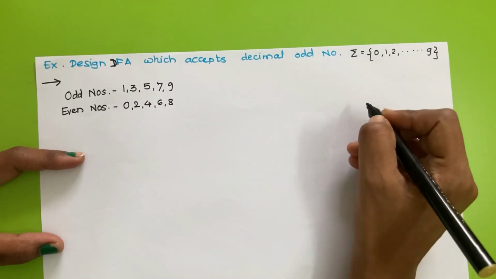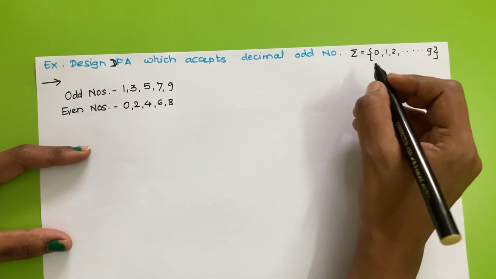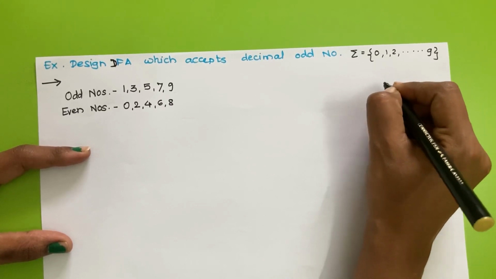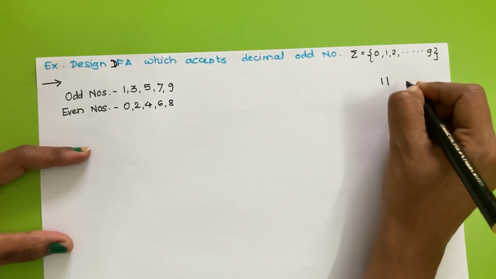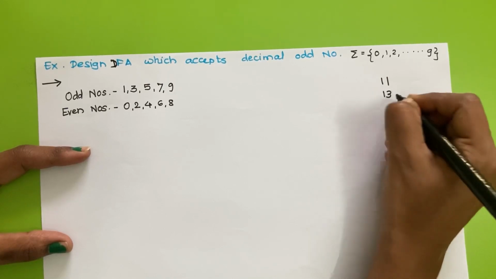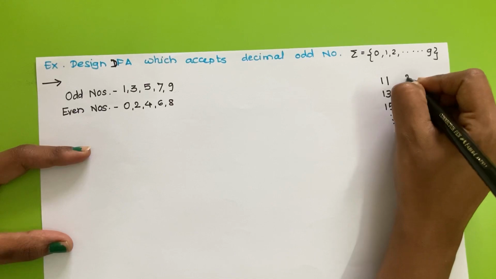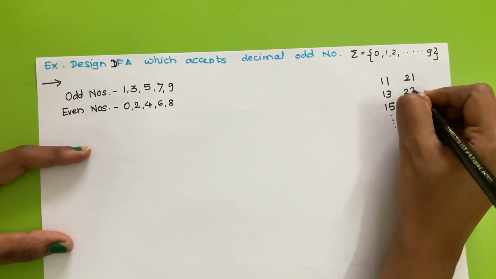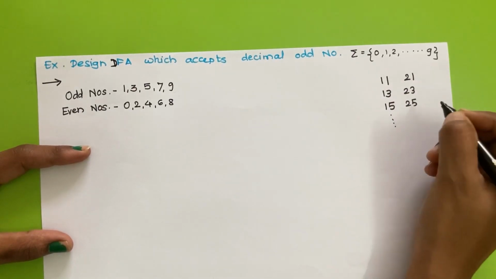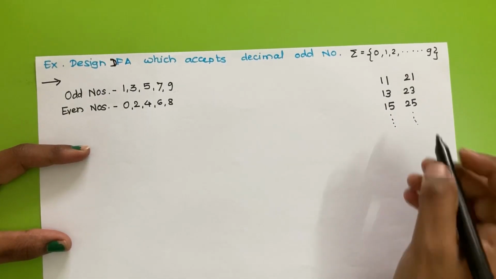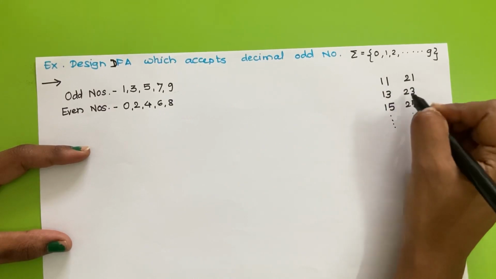So we'll see 2-digit numbers that are decimal odd. For example 11, then 13, then 15, likewise, then again 21, 23, 25, etc. and so on. So these are 2-digit decimal numbers.